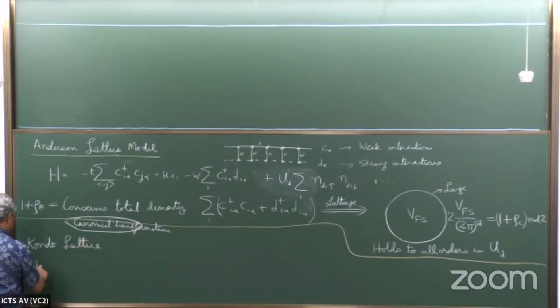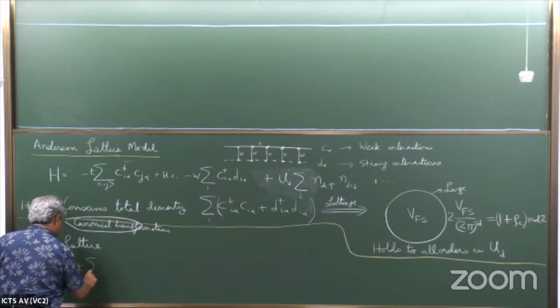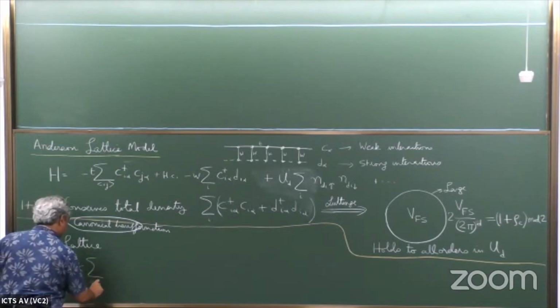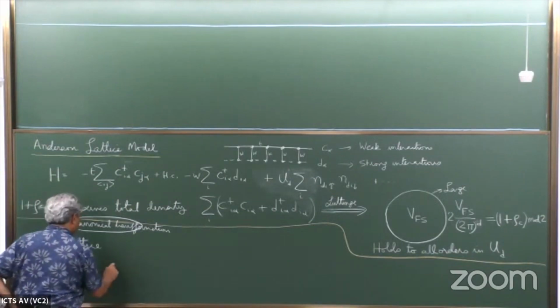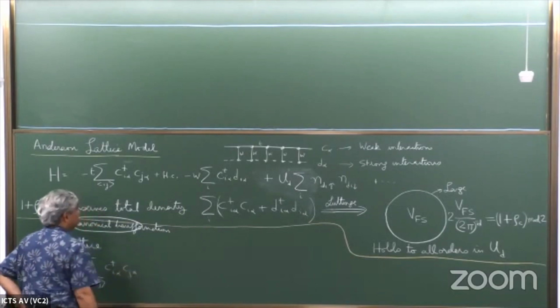And the general form of this is, let's call it H Kondo lattice. Well, it's still got the first term, but everything else is going to be different: C dagger i alpha C j alpha.